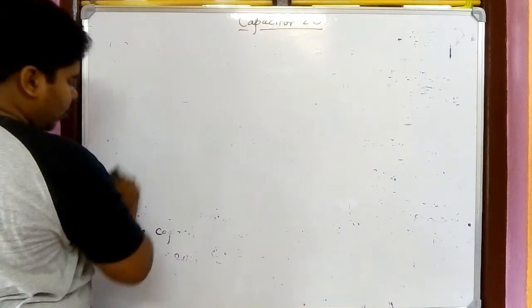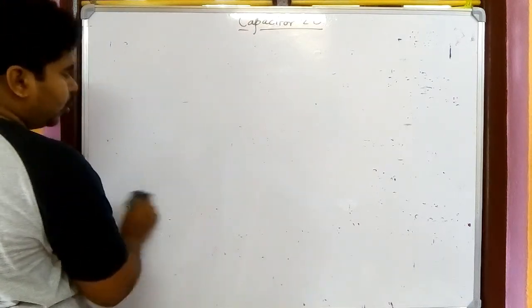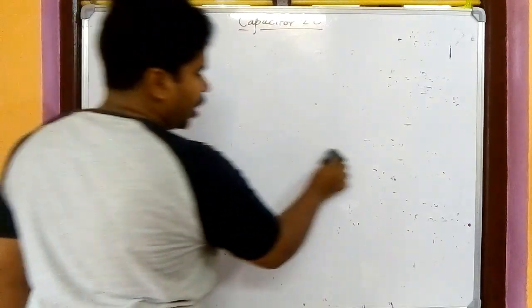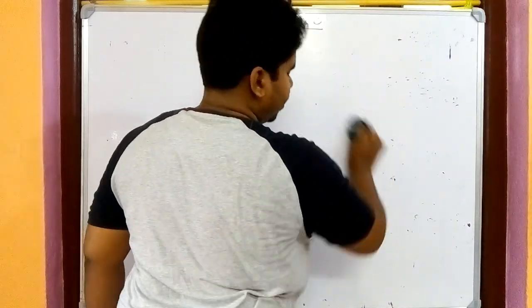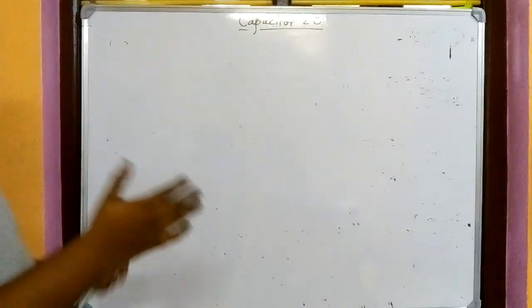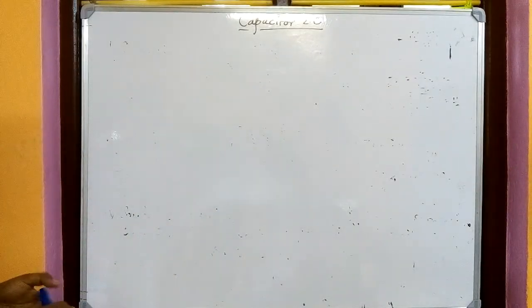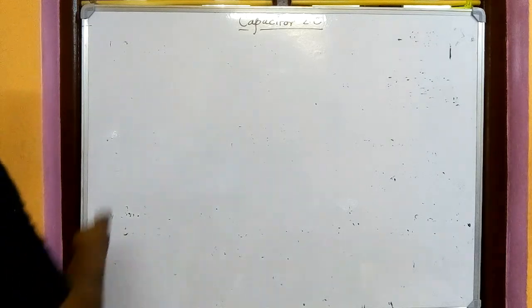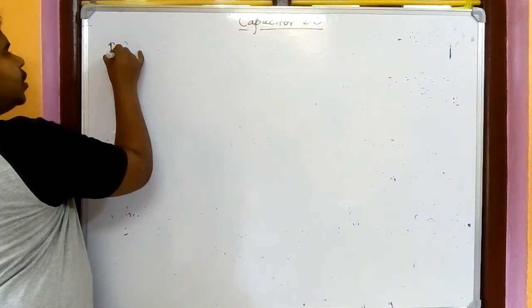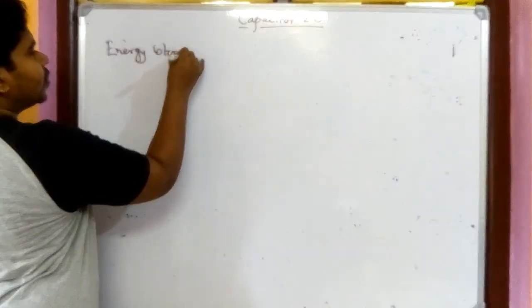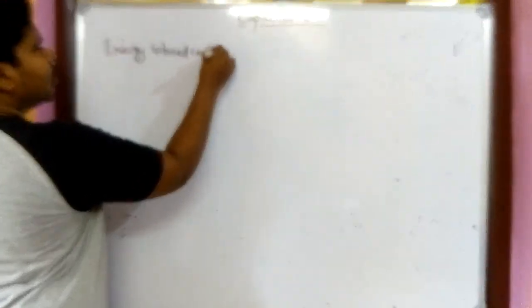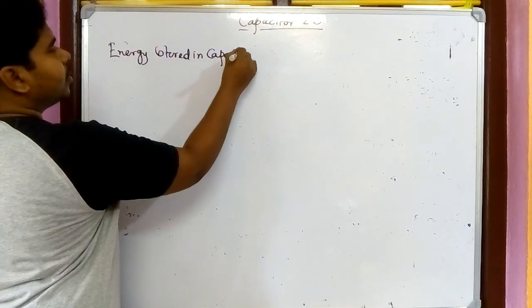We have seen what a capacitor is: two opposite charges kept at a very close distance. It can be kept by two parallel plates, but it can be done another way also. So next, very important, energy stored in capacitors.